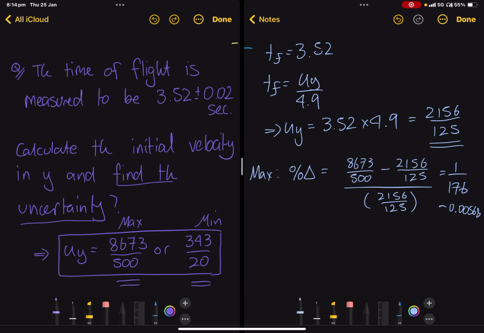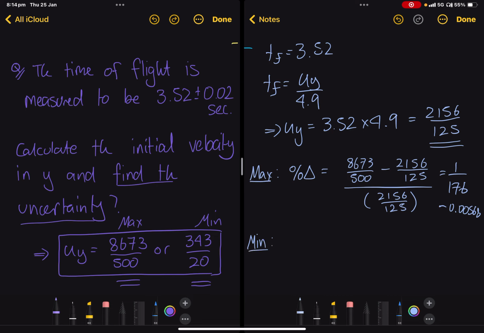So this is a relatively small error. Remembering this is essentially a percentage error because we've done it as a decimal, but we've done it as a percentage error calculation in the sense that we've adjusted it for the initial fraction. Now we need to do this for the min.